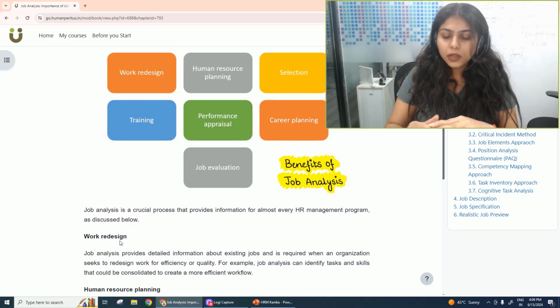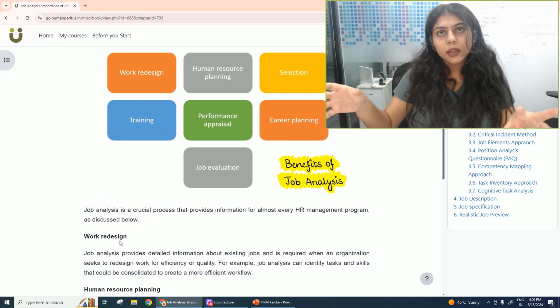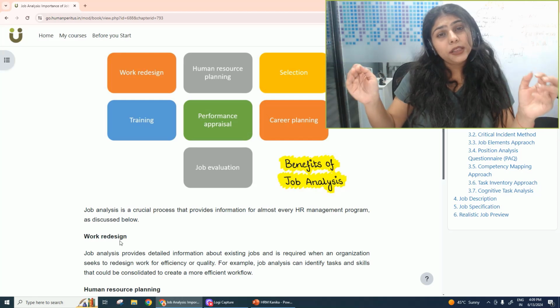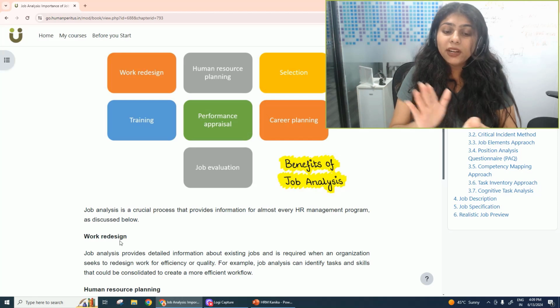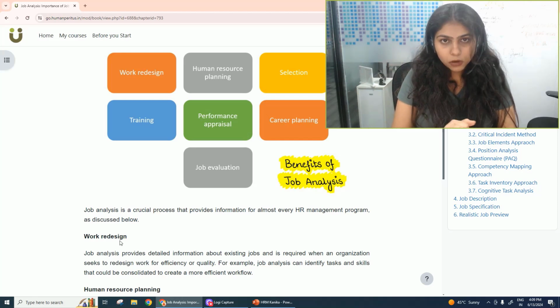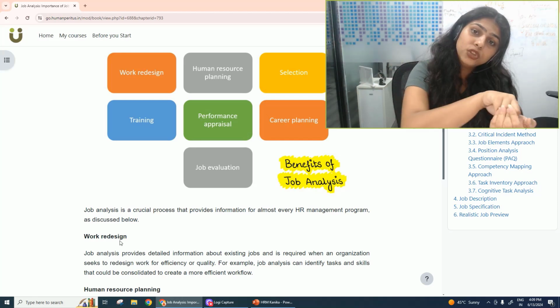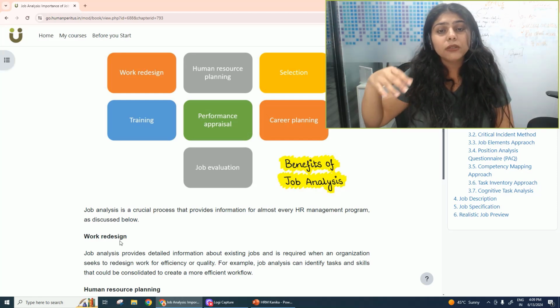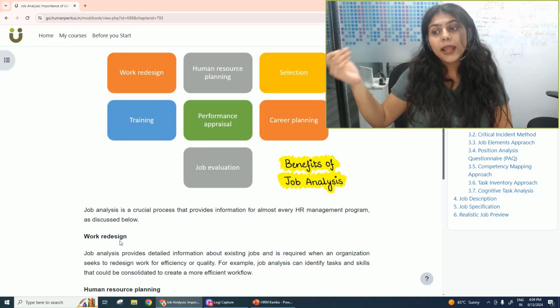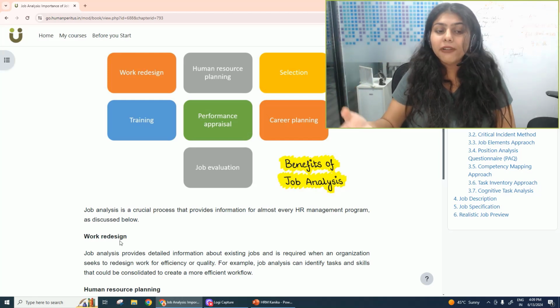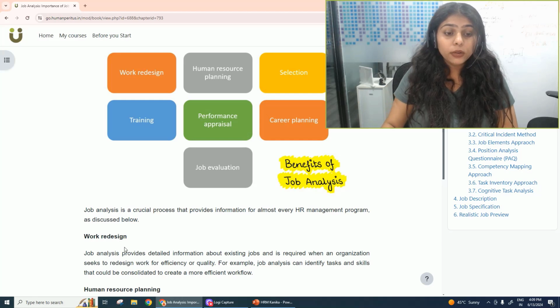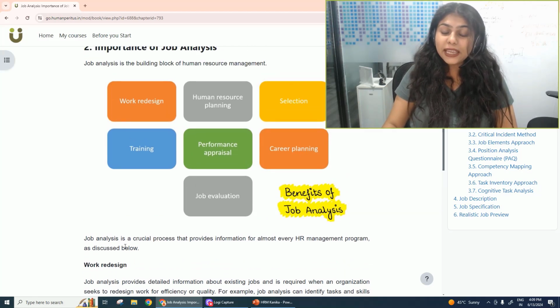For example, I have two employees, but they're doing the same kind of work. Why don't I consolidate or merge the two works and put it in one job only, so that that is more efficient and more cost saving for my company? Why would I not do that? So that is work redesigning.